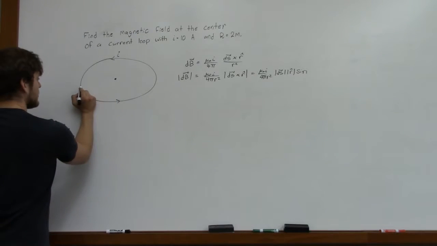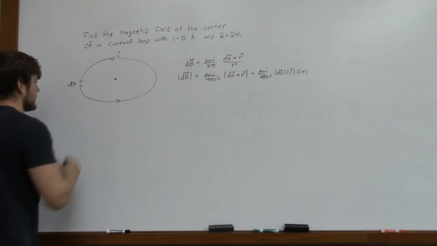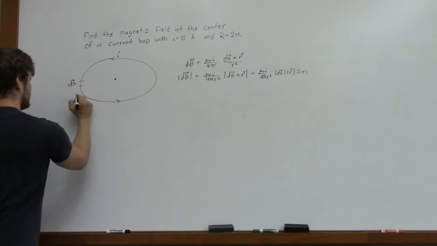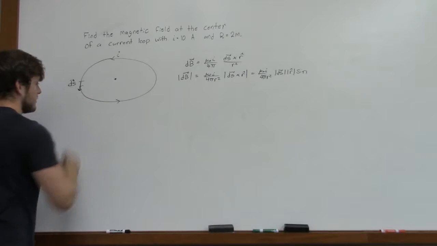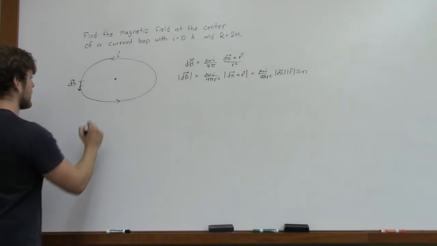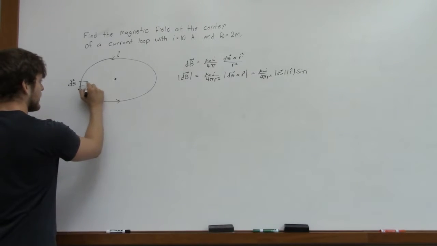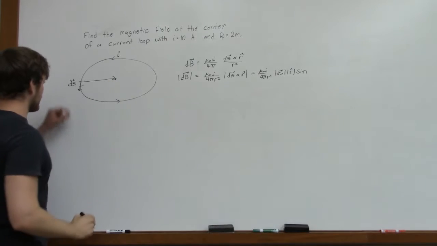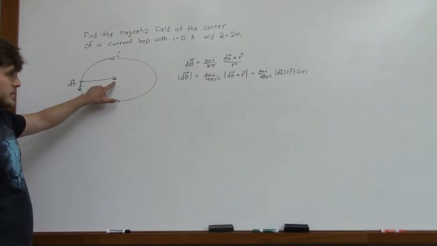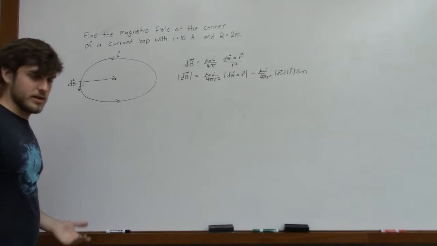So if we're considering a little element of our wire, ds, that vector ds is going to be tangent to the wire, and our r vector is going to point from our little wire element towards the center of the loop where we're evaluating the magnetic field.